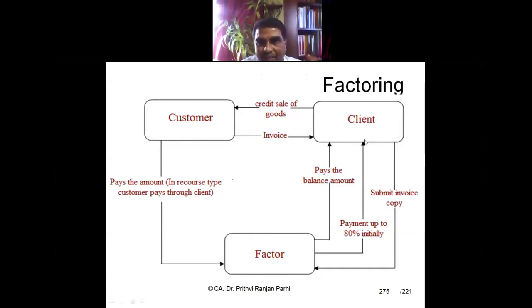Then the client contacts the factor and submits the invoice copy to the factor. The factor initially pays 80%. And in due course, the customer pays the factor, and the factor pays the balance money. Understood the process? Okay. This is how the factoring service works.